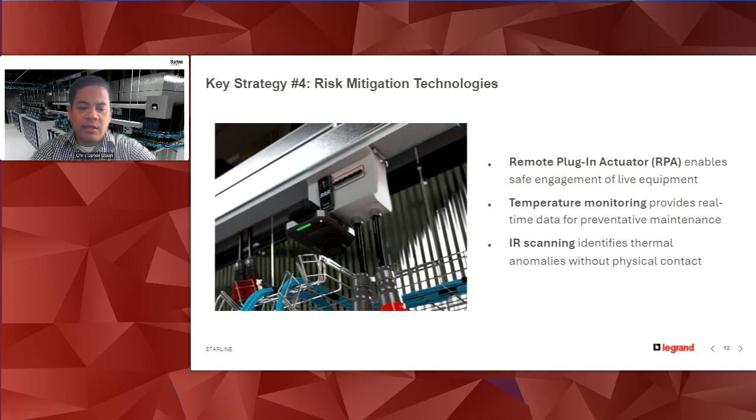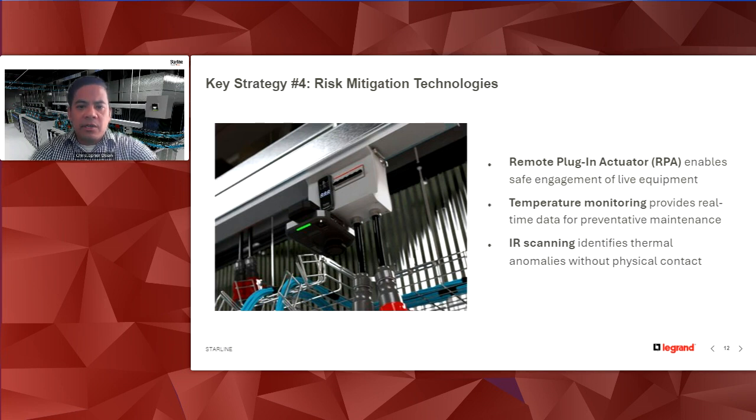Circling back to an earlier slide, the busway is designed for energized insertion, still is, up to even the 1200 amp. But we're hearing our customers' concern over the rising power and some of the incident energies that we're seeing in the field. So we've created this device to help mitigate some of the risk and quell some of the safety concerns that a client might have with these rising powers.